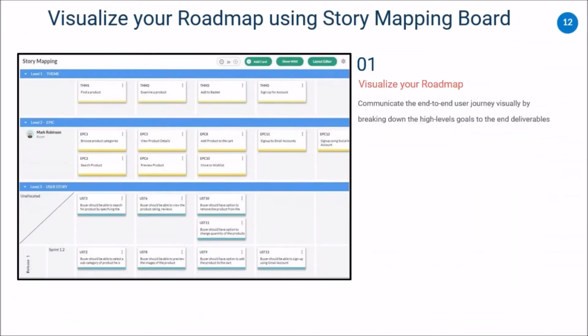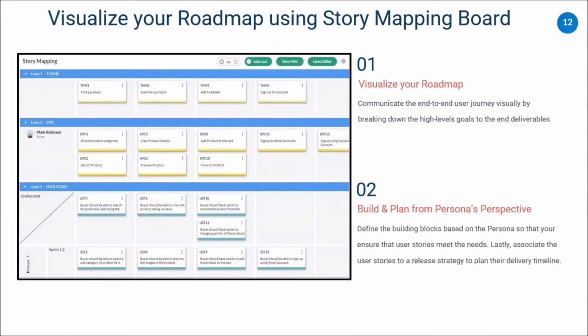Just to quickly recap, you are now able to visualize your roadmap and communicate that end-to-end user journey visually by just having the high level goals and then breaking them down to the end deliverables. Also, you are able to build the plan from a persona's perspective. As I said, this is extremely important when it comes to being agile, when the user stories are written from the end user's point of view.